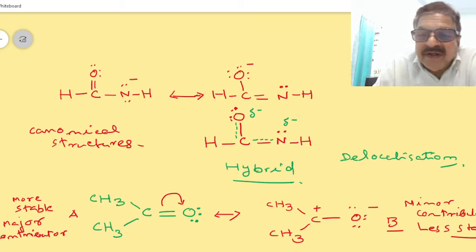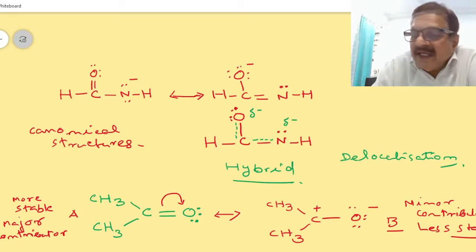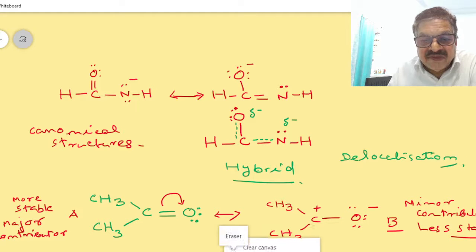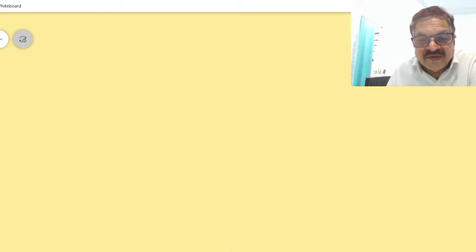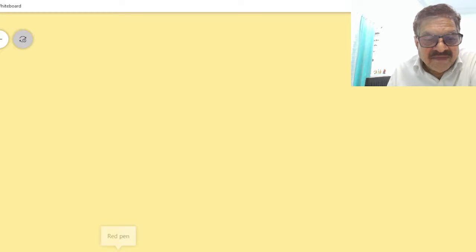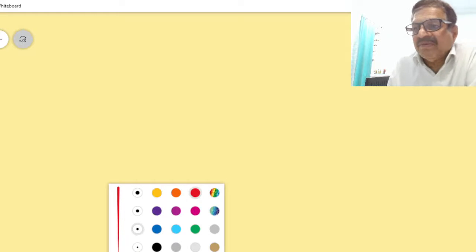Here the hybrid will look more like A rather than B, correct? So the first rule is about the number of bonds and charges: a structure with fewer charges is more stable than one with more charges.